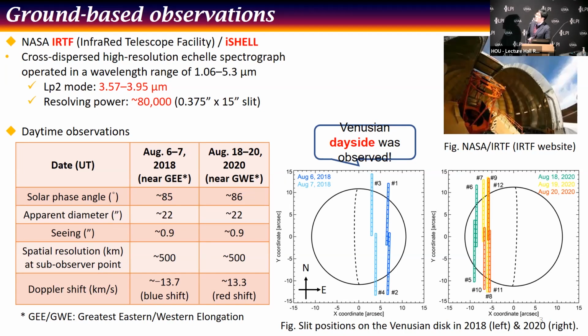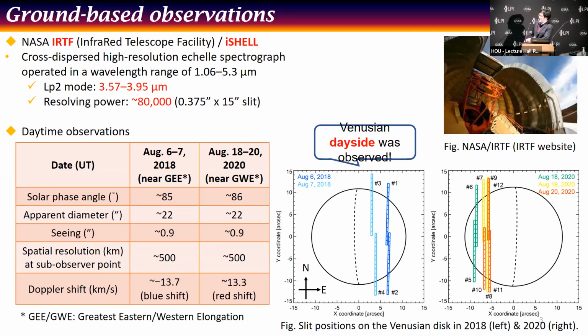Its resolving power is approximately 80,000 when we use the narrowest slit. We performed daytime observations in 2018 and 2020. We selected these observation periods because large Doppler shift values enable us to separate the Venusian lines from terrestrial ones as much as possible.